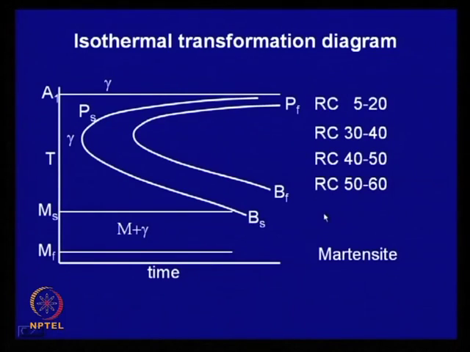In the next diagram, I think we have put down the values of the hardness. If you have a coarse pearlite, hardness is in this range, fine pearlite hardness is in this range. You have a little different structure, this is also ferrite plus carbide, but the way the carbides are present, they are not long plates of cementite, these are broken cementite plates, but very similar, closer to lamella.